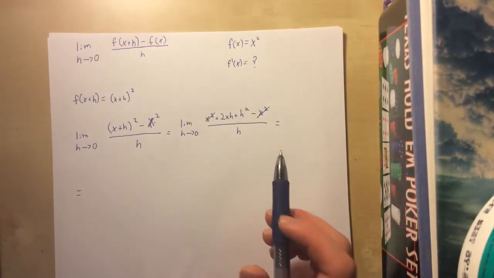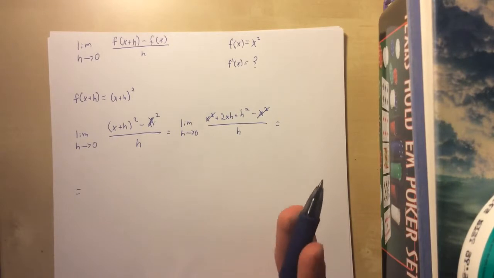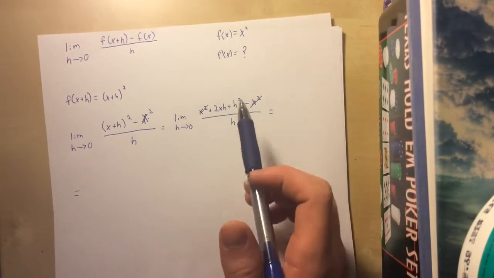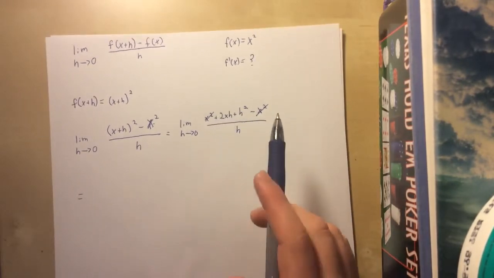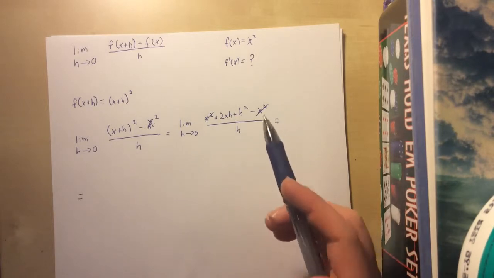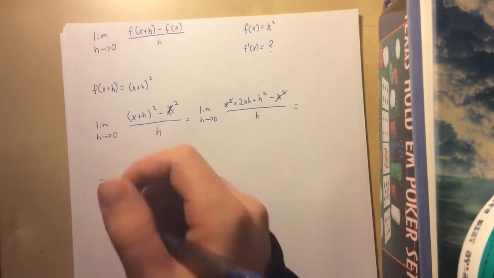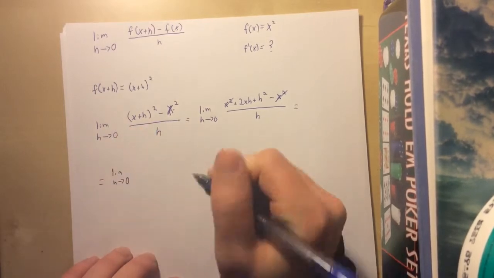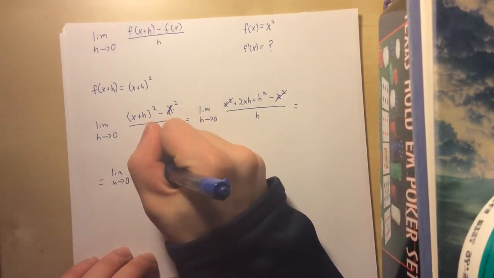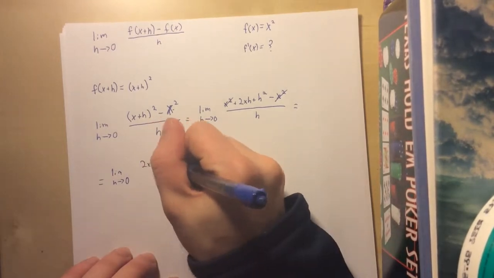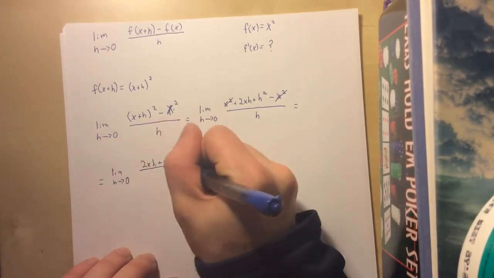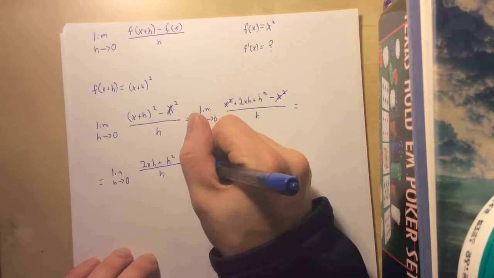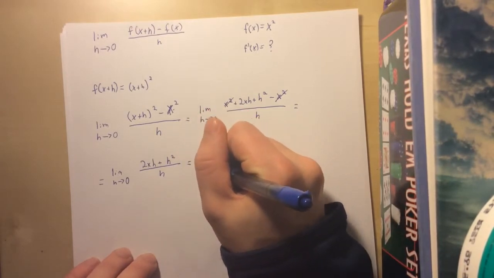So what should happen every time is that the terms that don't have an h in them will cancel out. So what you're left with is the limit as h approaches 0 of 2xh plus h squared all over h. And from there we can factor out an h on top.